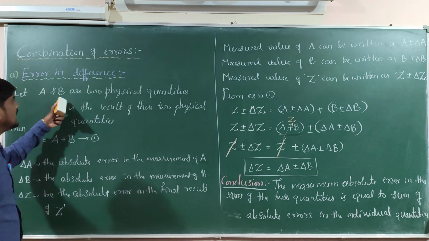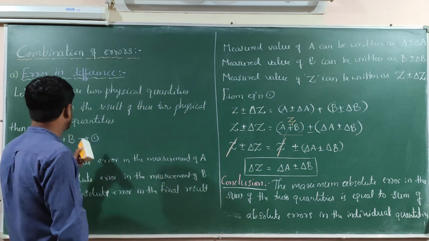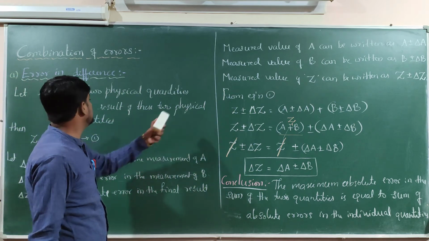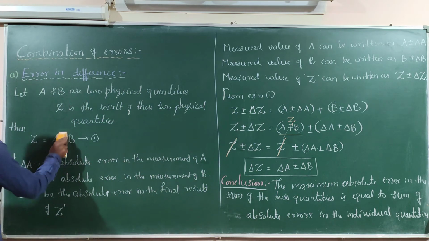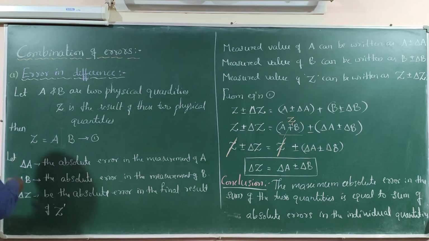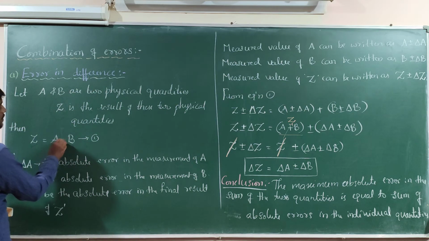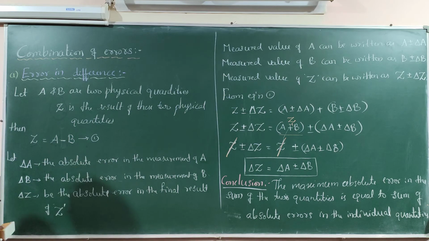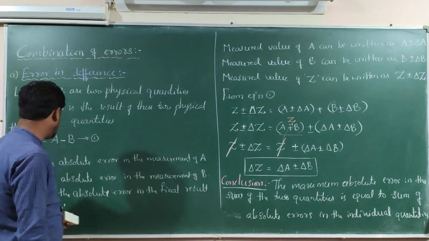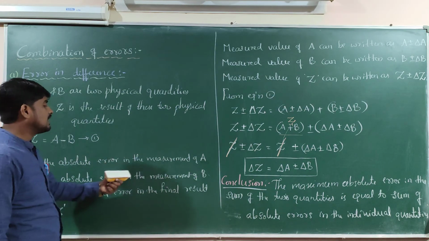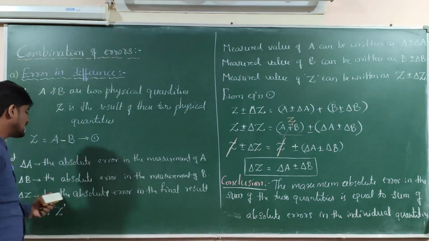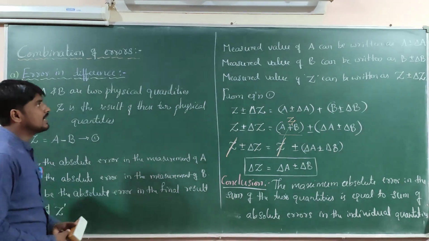Again the same: A and B are two physical quantities, and Z is the result of these two physical quantities. Here Z becomes A minus B, because I am going to take the difference. Let delta A be the absolute error in the measurement of A, let delta B be the absolute error in the measurement of B, and let delta Z be the absolute error in the final result.